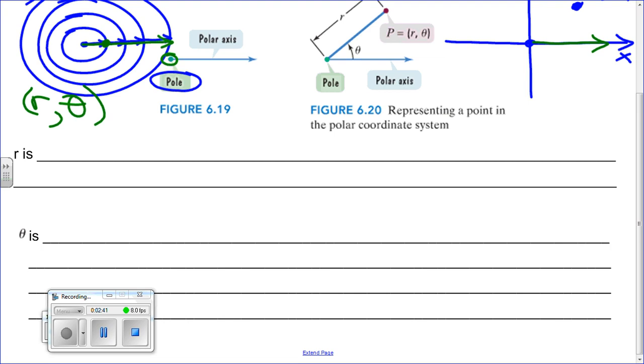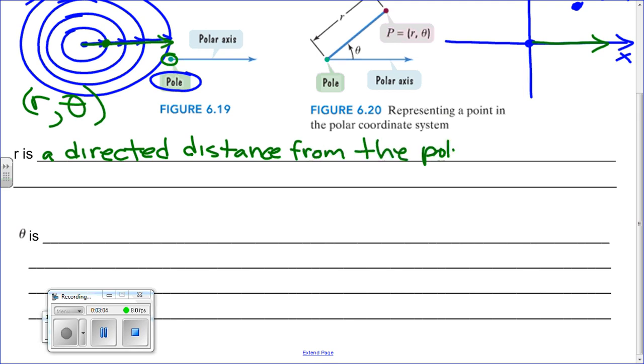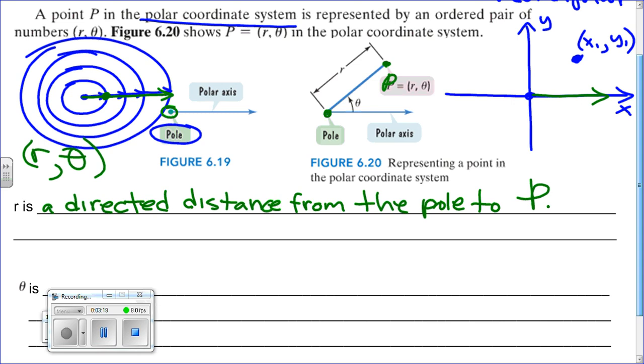So first we have r, and r is a directed distance, so that means it has direction. It could be positive or negative, just like vectors. R is a directed distance from the pole to a point. In this case, we'll use capital P. So a point like this one here, and r being the distance from the pole to the point, so it will be here.